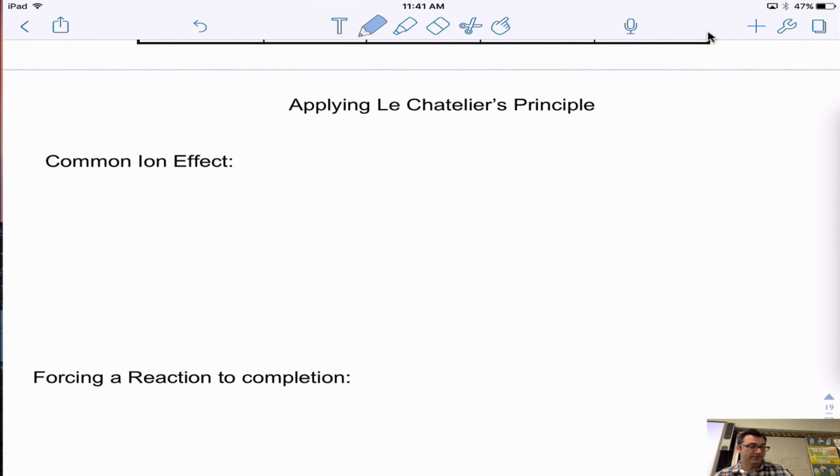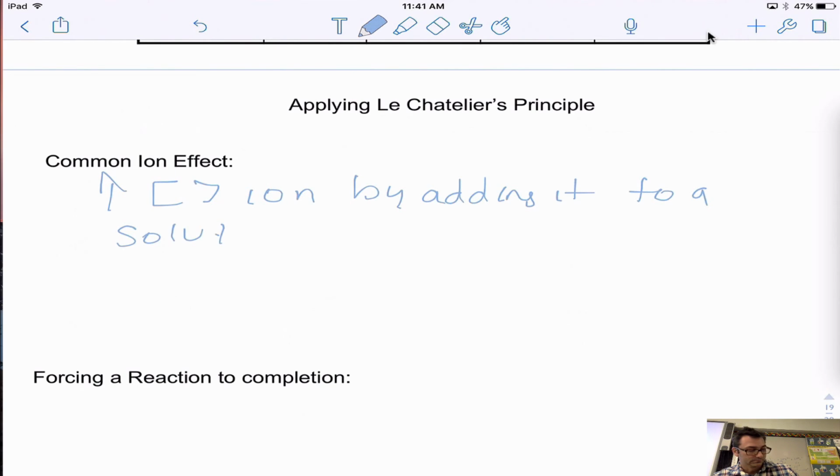The common ion effect, if you increase the concentration of an ion by adding it to a solution, this causes a shift to the right. I'm sorry, it's not true. Shift to the left, and a decrease in solubility.